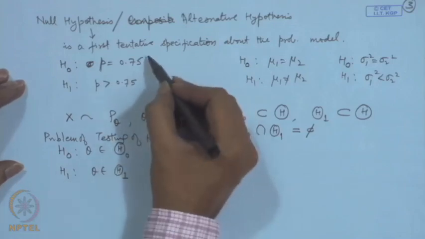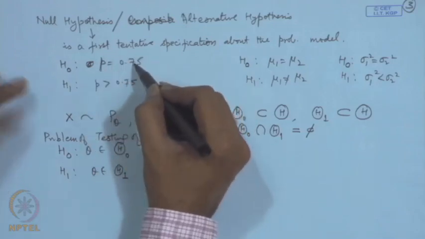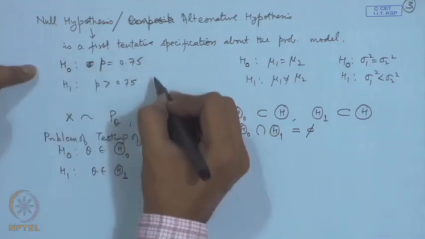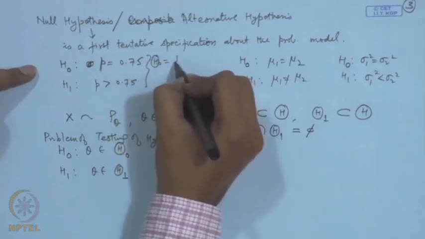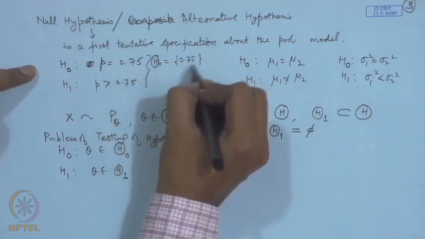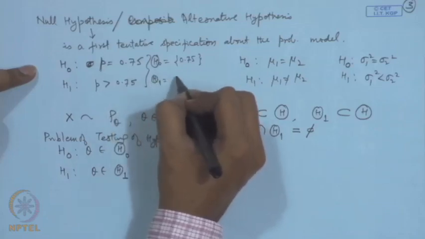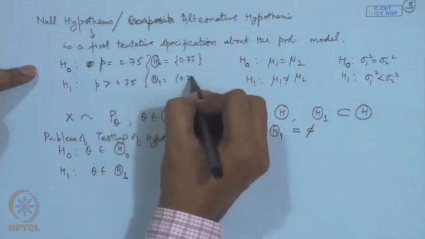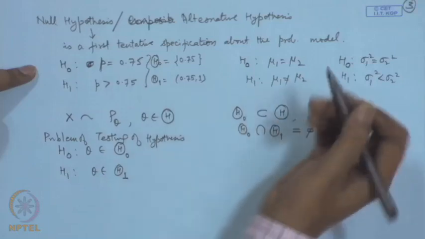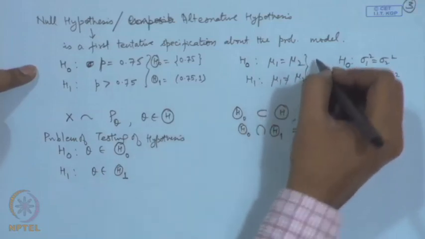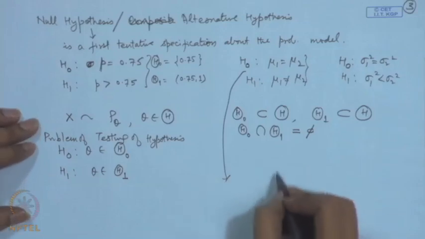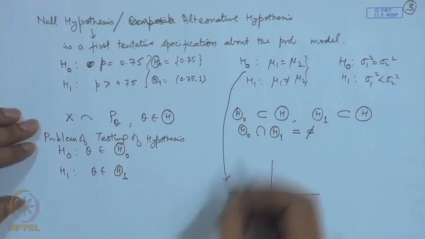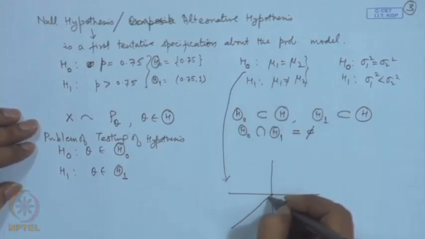For example, in this case your Theta naught will become equal to the singleton set {0.75} and Theta 1 will become the interval from 0.75 to 1. In this case, this is the parameter space, here is a two dimensional space, mu 1 is equal to mu 2 is the line.